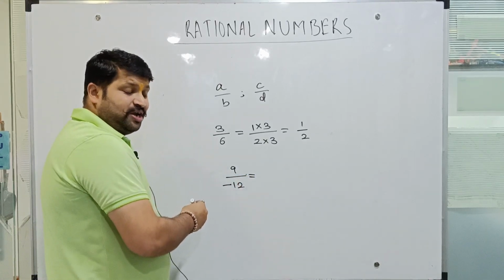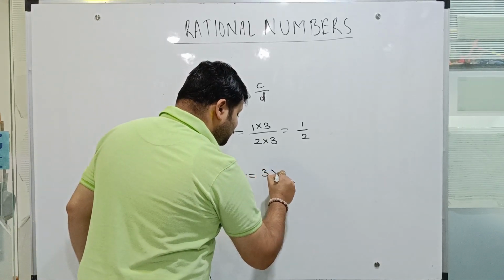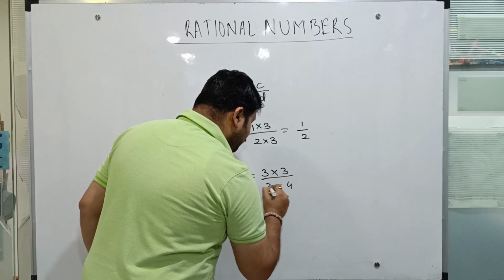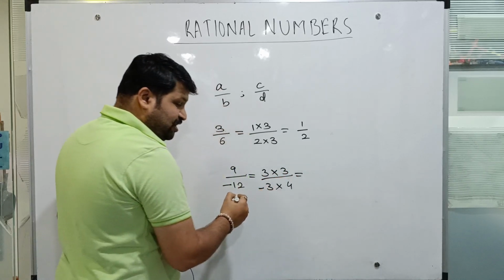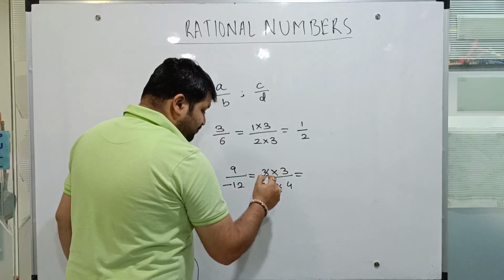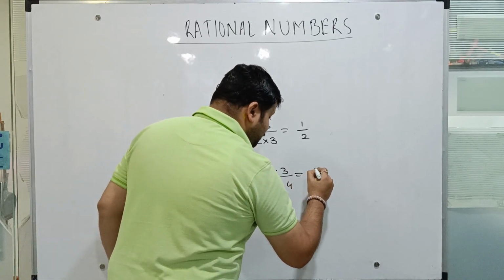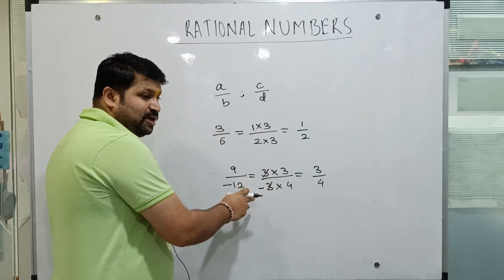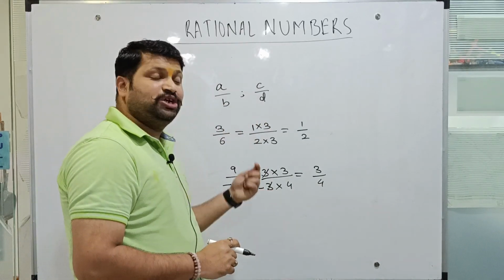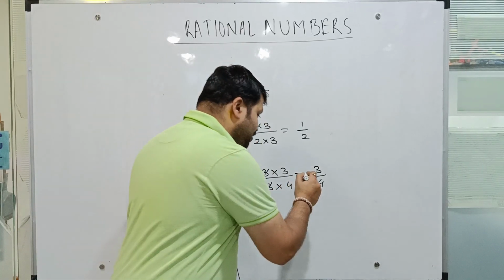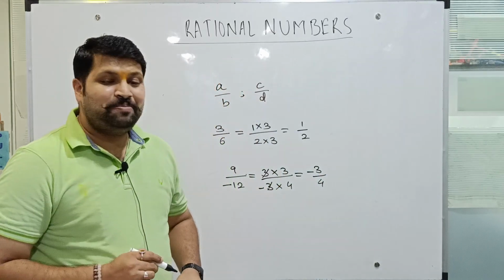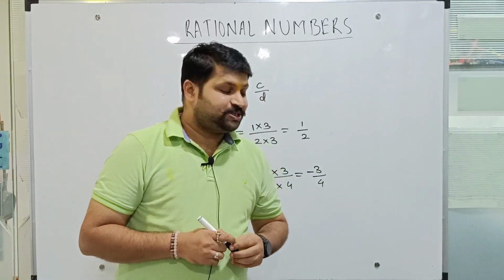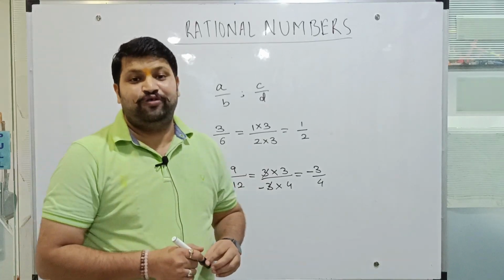The first thing I'll do is take the common factors. So it is 3 multiplied by 3 upon 3 multiplied by 4 with a minus sign. One of the 3's gets cancelled and I'm left with 3 upon 4. Now since the minus sign is in the denominator, but in the standard form the minus sign should always go to the numerator, it gives me minus 3 upon 4. So this is the standard form of a rational number.